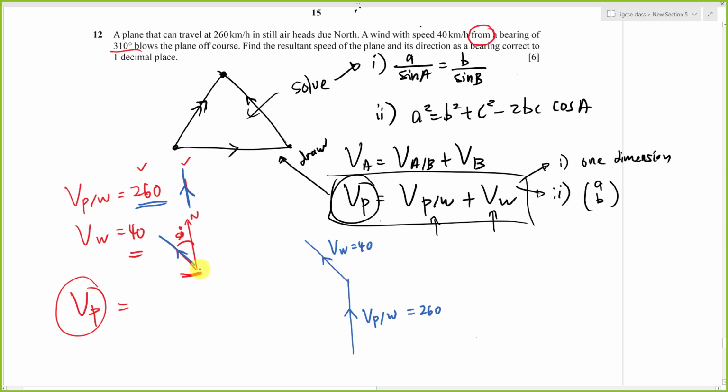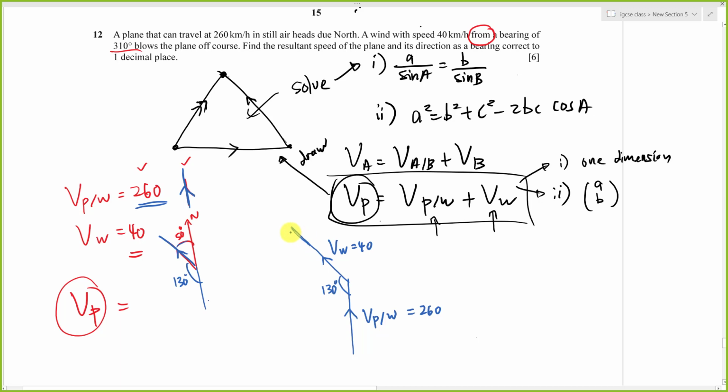Now you need to know what the angle is. If I have north to south here, and this is 50 degrees, then here will be 130, because a straight line is 180. Then I know this one is 130 inside. And then I have this line. You might ask, can you make this line look a little longer? Yes, you can, it doesn't matter, as long as your triangle looks nice, because later you need to solve the triangle.